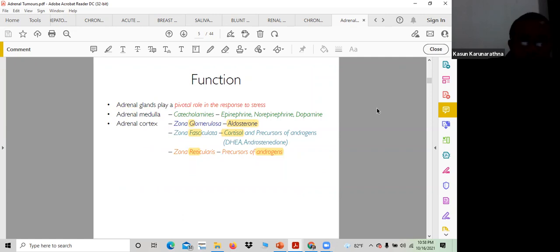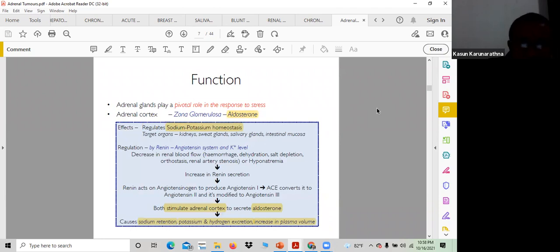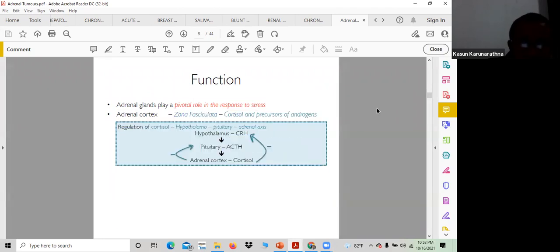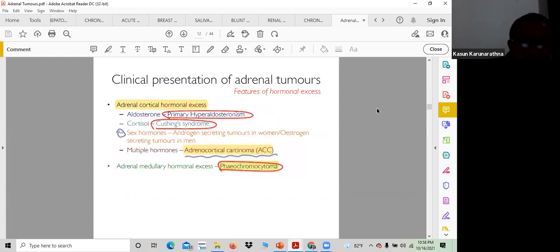Adrenal medulla secretes catecholamines; the cortex secretes aldosterone, cortisol, and androgens, right? In the clinical presentation of adrenal tumors, there can be features of hormonal excess, features of tumor burden, and incidental findings.